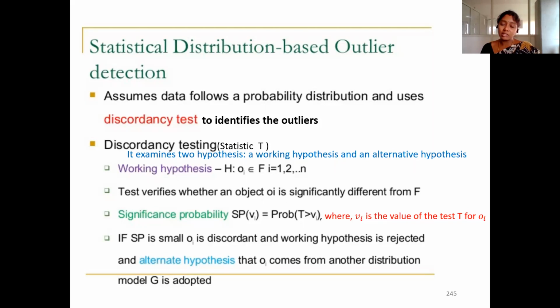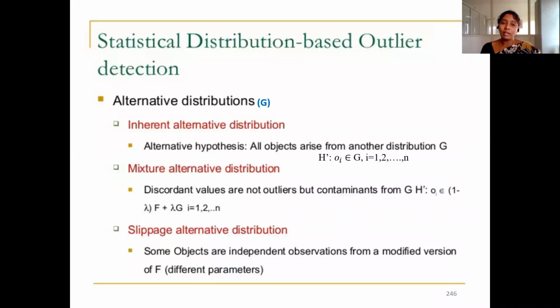The alternative hypothesis says that the objects belong to some other distribution, say G. This discordancy test verifies whether an object is significantly different from the given distribution or not. Depending on the significance probability value, we can identify whether the object is an outlier or not.